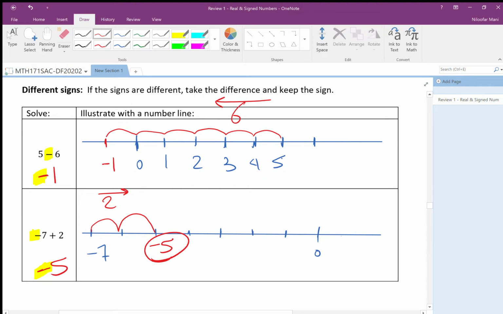If in a quiz or test I ask you to show me with a number line, I want you to do this. Find the first number, and if you have minus 6, you go 6 units to the left. If you have +2, you go 2 units to the right, and then the destination is the answer. This is the method of using a number line for subtraction and addition.